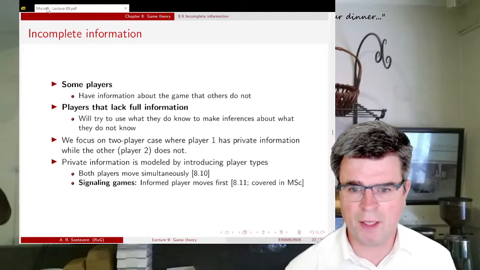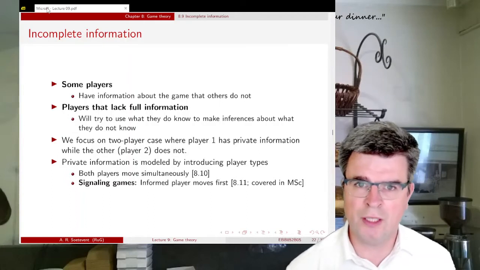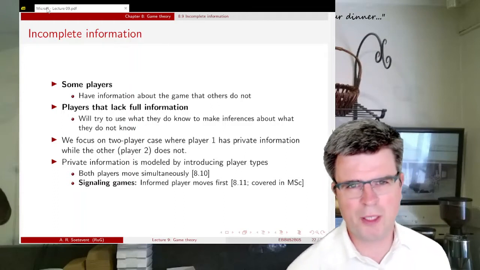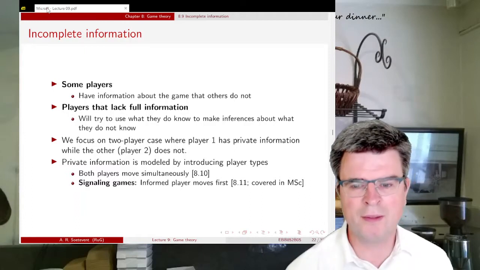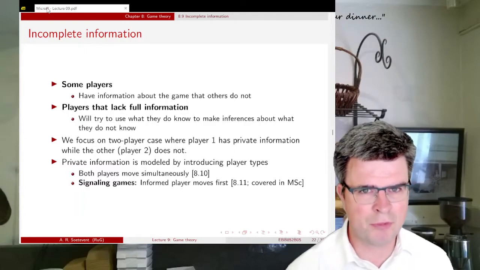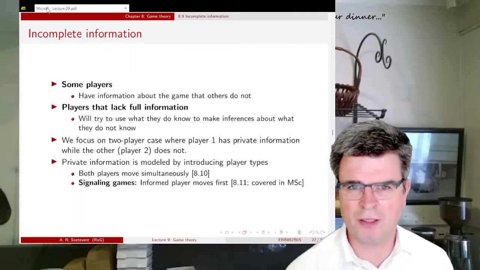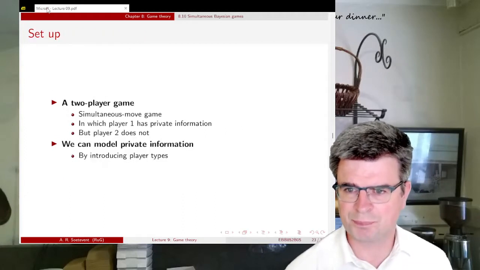Signaling games are covered in the Master of Economics, so if you're interested in that, you still need to wait a bit. But I can assure you that 8.10, games of incomplete information where both players move at the same time, is already very interesting and leads to new insights.